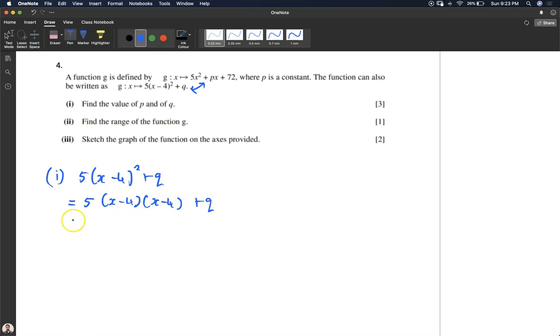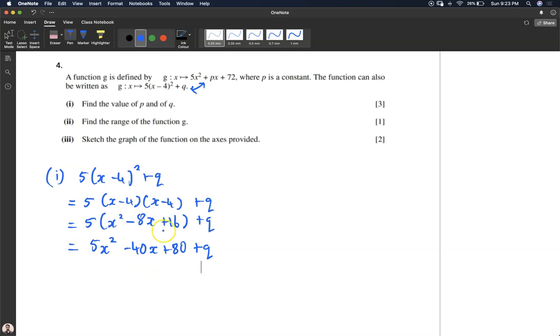I'm going to expand the insides. I get x squared minus 8x plus 16. And then remember the q. Expand this further, and I'm going to get 5x squared minus 40x plus 80 plus q.